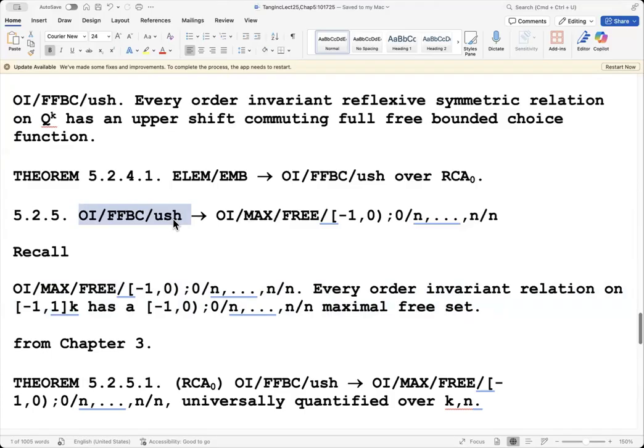And that goes through. It's sort of like the way when I did the thing the other way last time, that free choice functions, invariant free choice functions give you invariant maximality, sets that are maximal. This is very similar.